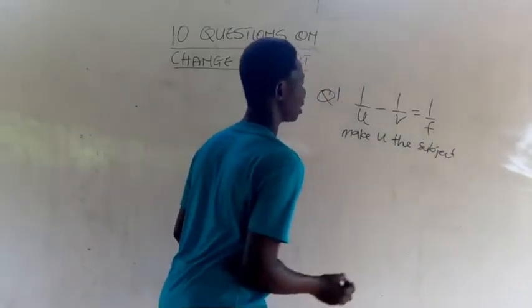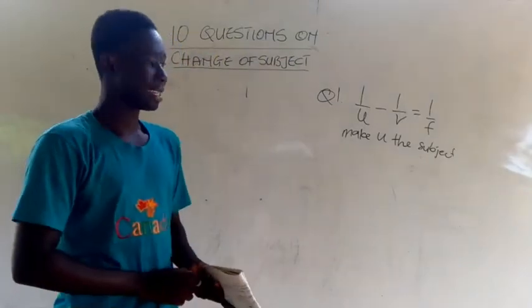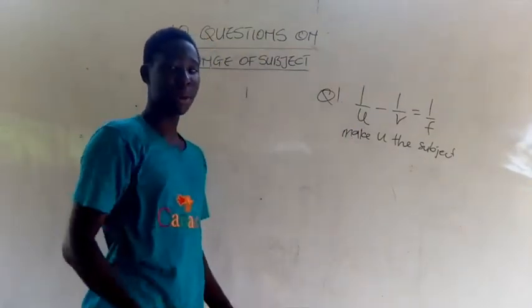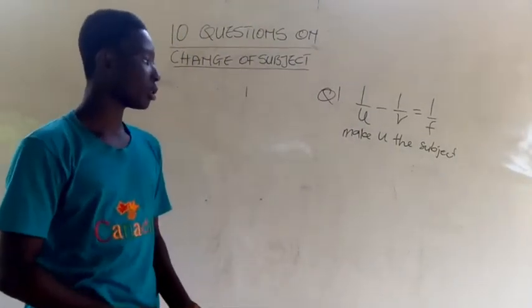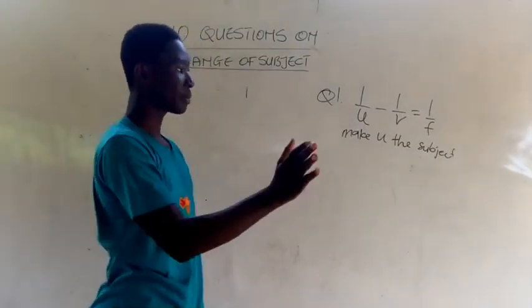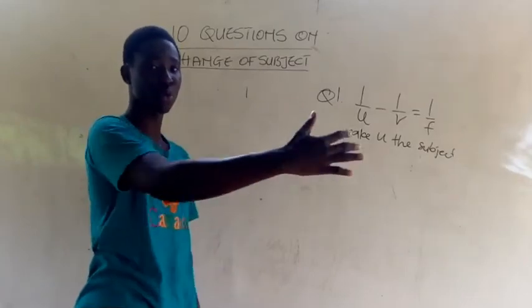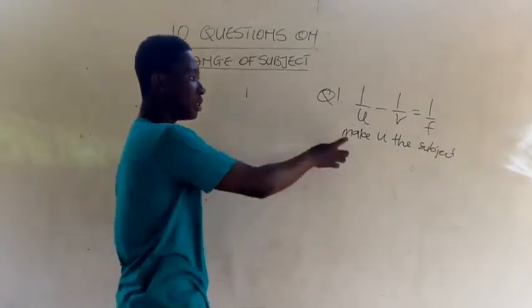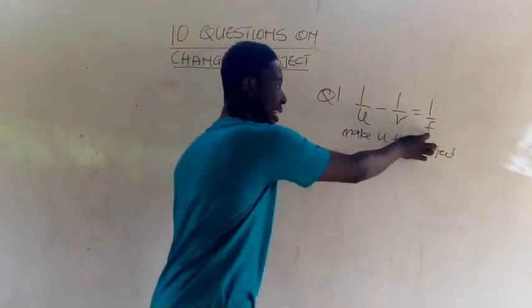So this is the first question. And looking at the equation, it is made up of fractions. So what we have to do is that let's find the LCM and then multiply through with the LCM so that the fractions will go off. And the LCM here will be u, v, and f.